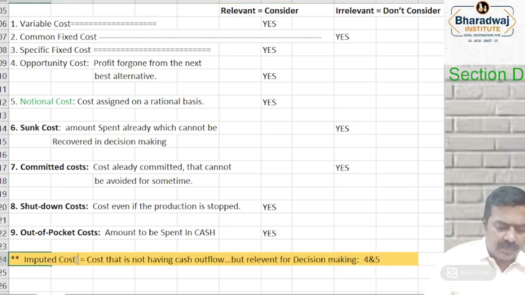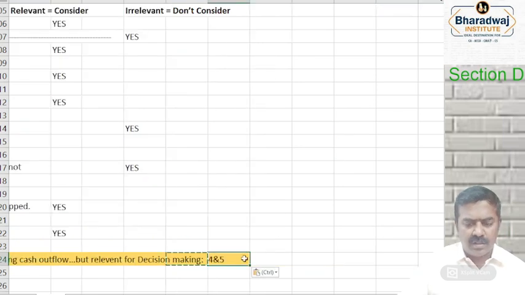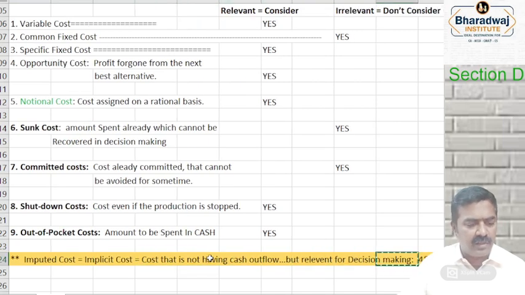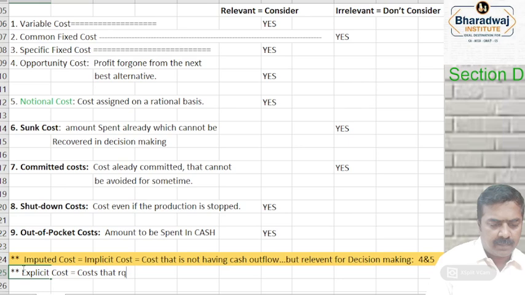This is also known as implicit cost. Implicit cost is nothing but imputed cost: the cost that does not have a cash outflow but is relevant for decision making. Explicit cost, simply, is cost that requires cash outflow. It is also known as out of pocket cost.